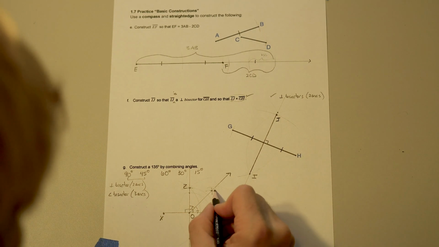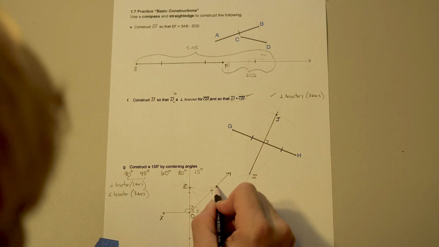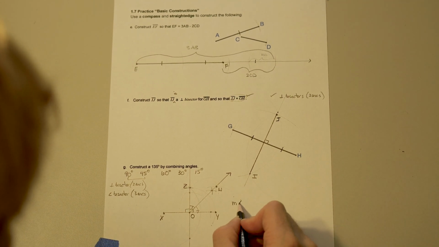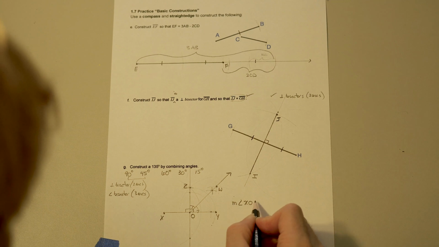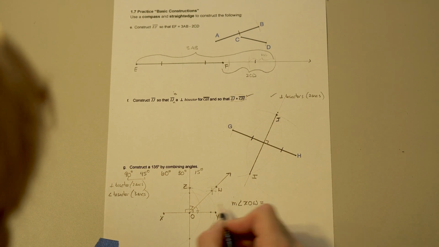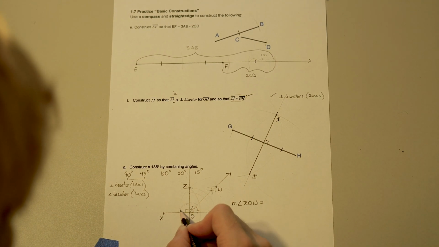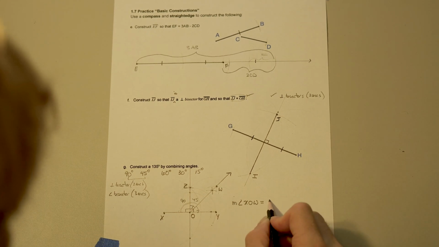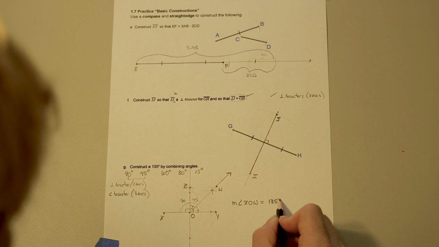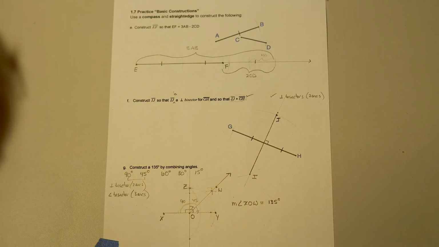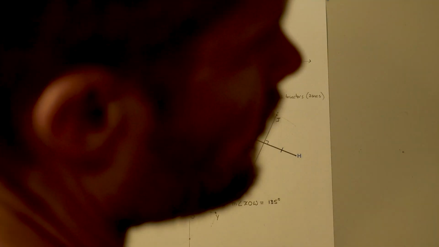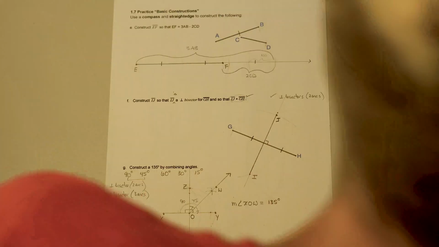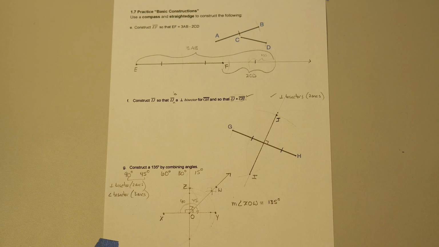Okay, so let's call this point W. So the measure of angle XOW is going to be 90 plus 45, right? 90 plus 45 is 135 degrees. There it is. Okay, very good. Let's take a look at the next one.